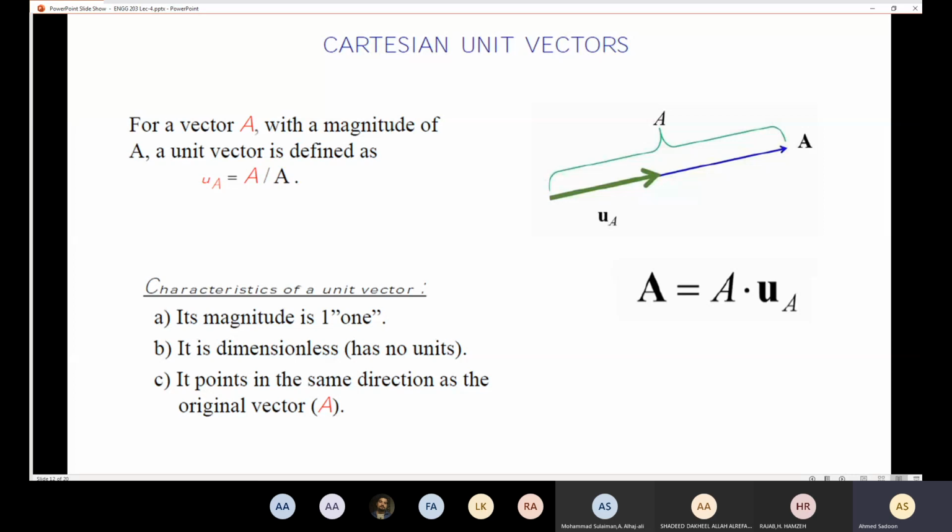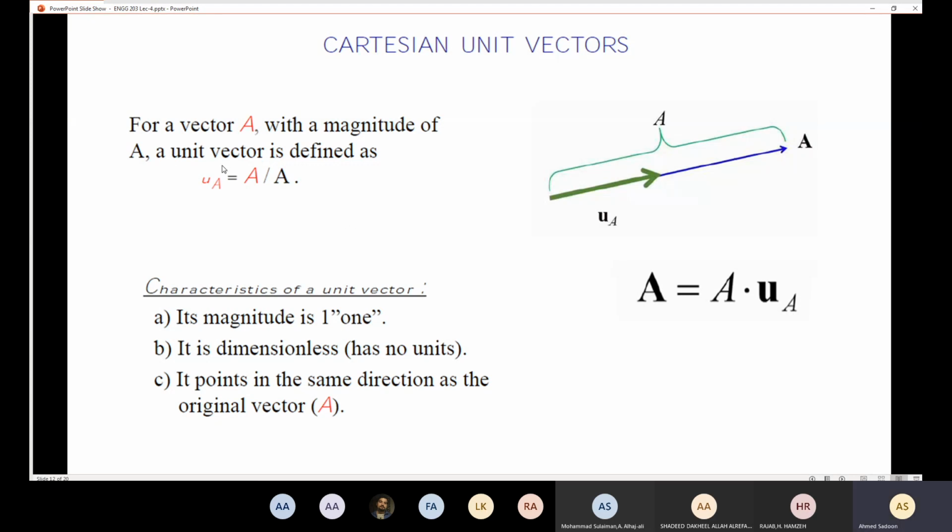The last concept that we need to discuss is the unit vector. So when we define that, if we are going to draw a vector like this one, this one is vector A. And the length of that vector is the magnitude. If you have the vector and divide it by its magnitude, we are going to have the so-called unit vector, U sub A. So U sub A is the vector over its magnitude.